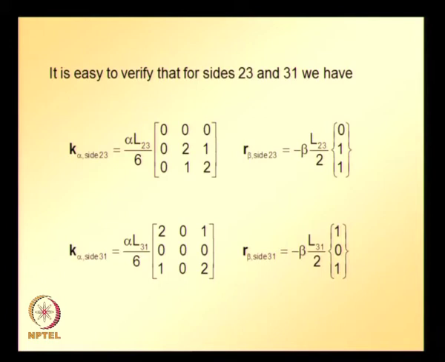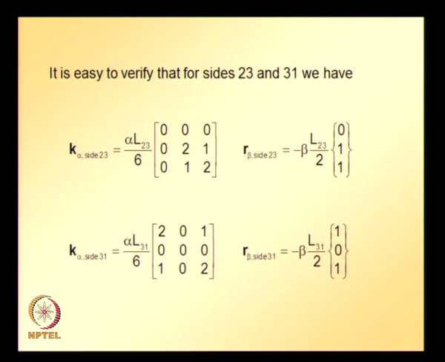And once we solve for the nodal values here for this particular problem of fluid flow around an irregular object, the nodal parameters are going to be the stream function values.